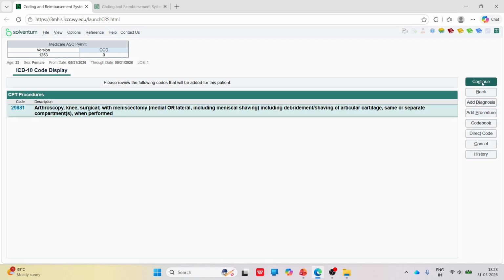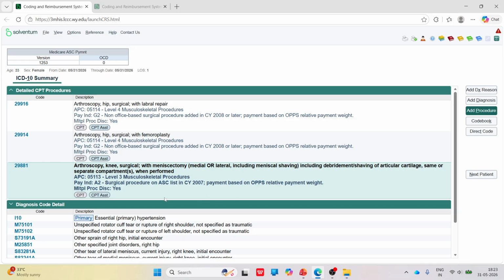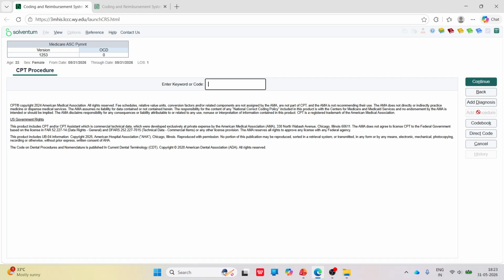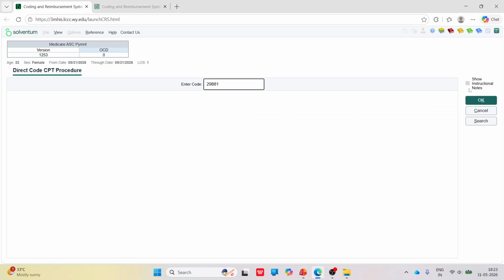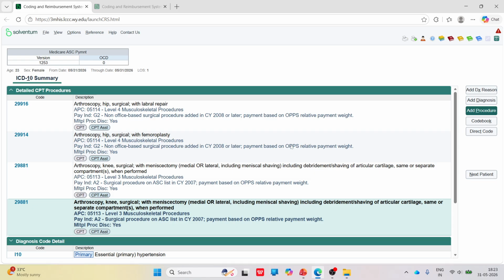So 29881. This one is a medial meniscectomy for both knees. So again 29881 for the right side, one for the right and another for the left.